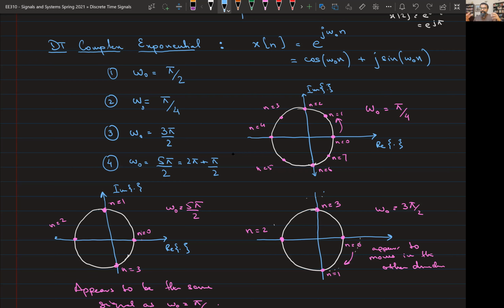So then the question is, what is the highest frequency in discrete time? Talha said something about pi by 2. What do you think would be the highest frequency in discrete time?